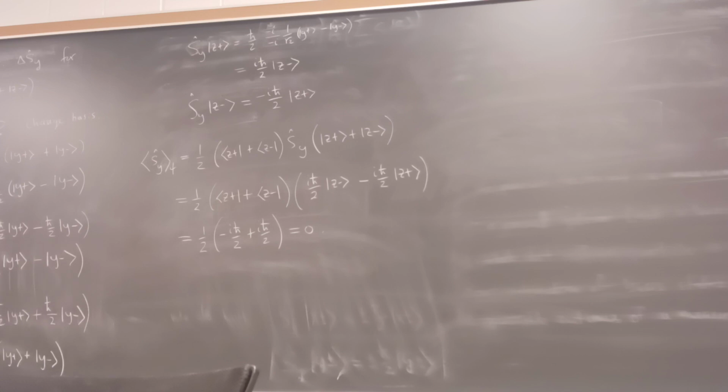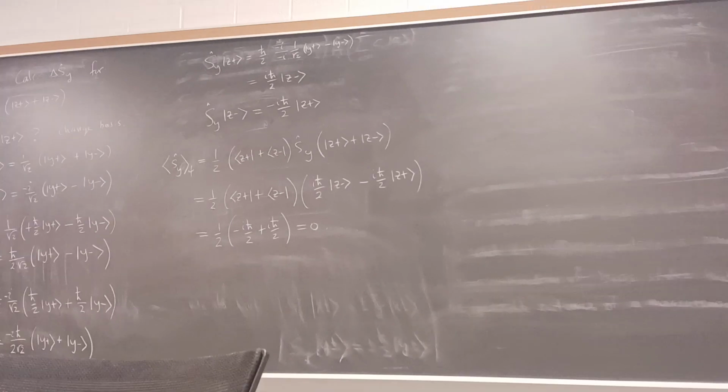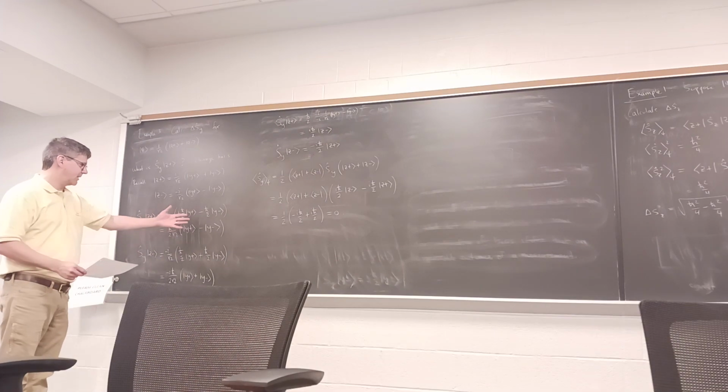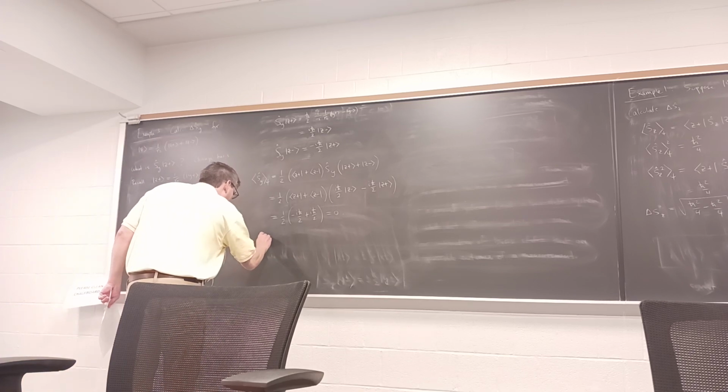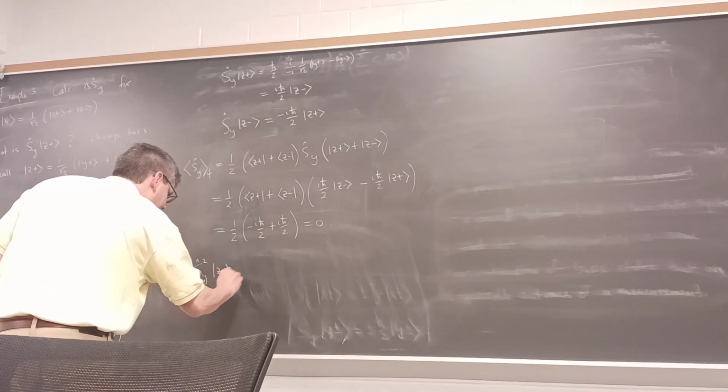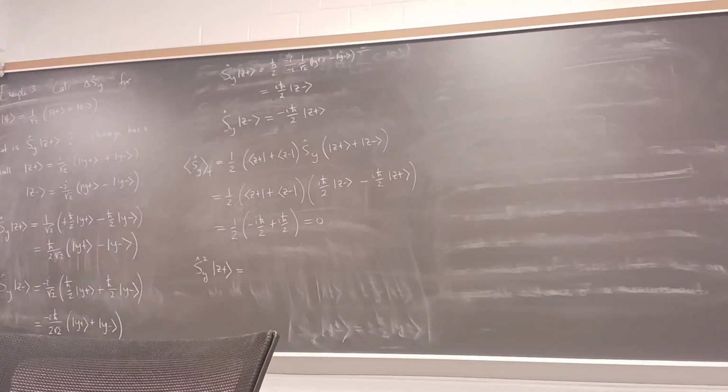Okay, so now if we let S operate twice, we're going to change the signs a little bit, so let's just see what happens here. S_y squared on Z plus will be what? Let's look at this form right here. If I let S_y act again, then I'll have a plus h bar over 2 here, and I'll get another minus here, so this will make a plus.